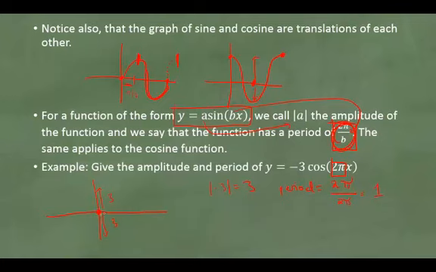And no matter what this looks like, it's going to repeat after a period of 1, after this amount on the x-axis is equal to 1. After that, it will repeat. So instead of repeating from 0 to 2 pi, like the cosine originally did, this number in front here, this 2 pi, changes the period.